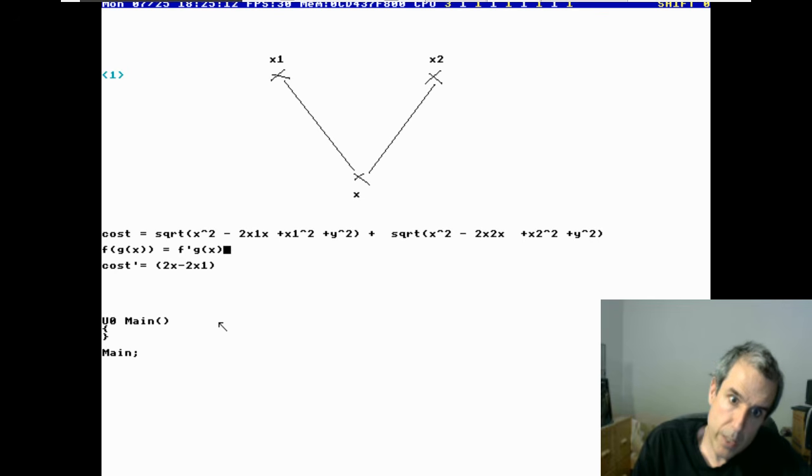Are you kidding me? And the opposite of this gives you integration by parts. Is this what we're doing? I think it is what we're doing. Okay.